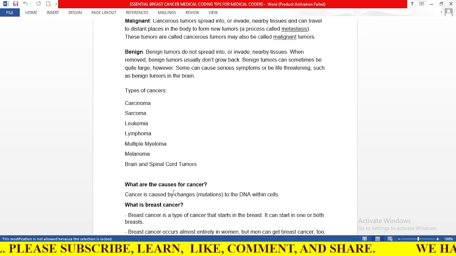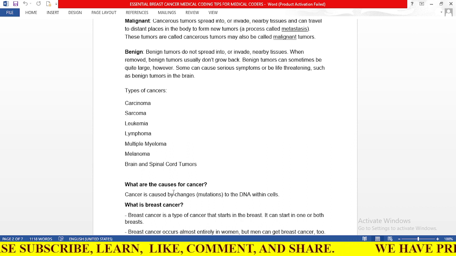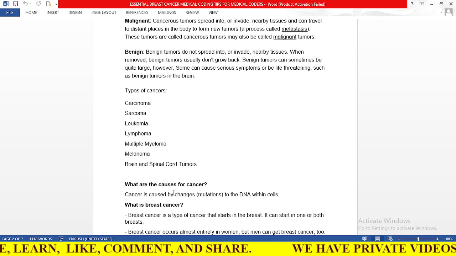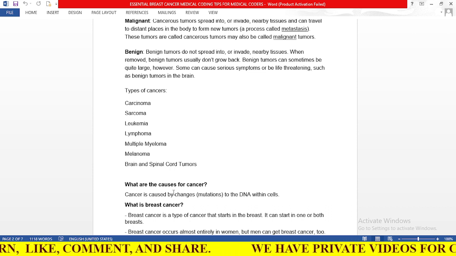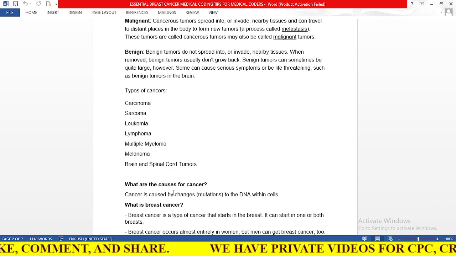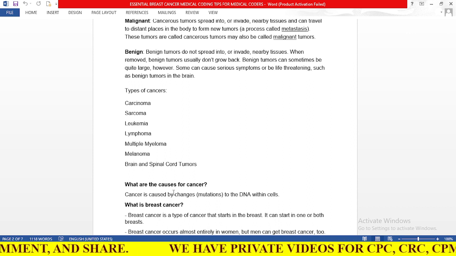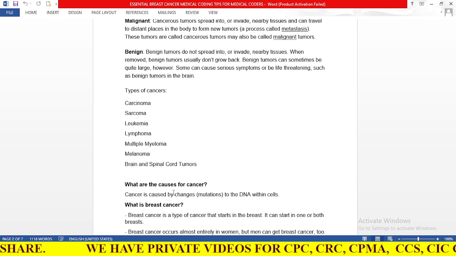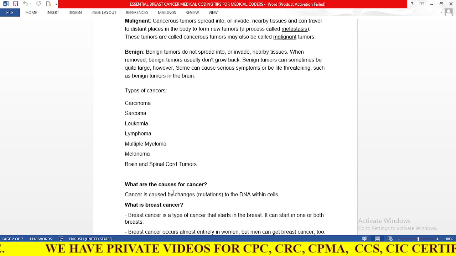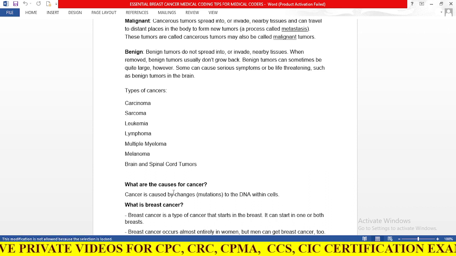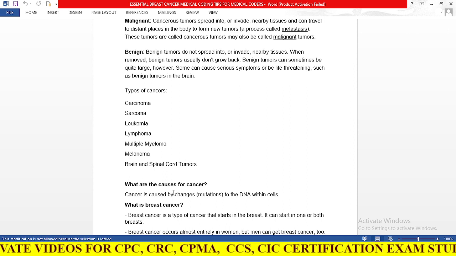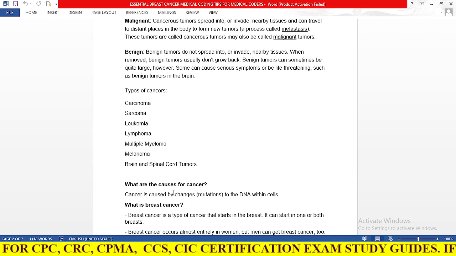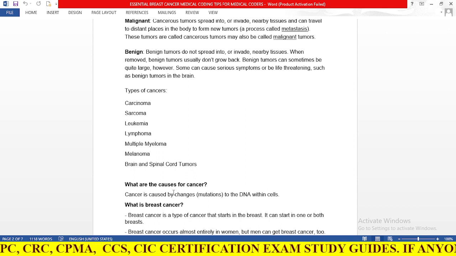Usually we will see documentation like carcinoma, sarcoma, leukemia, lymphoma, multiple myeloma, melanoma, brain and spinal cord tumors. If the brain and spinal cord have benign tumors, it may create a very huge problem. Whenever we see these words in the documentation, we need to understand that these are cancers. Sarcoma is related to bone.